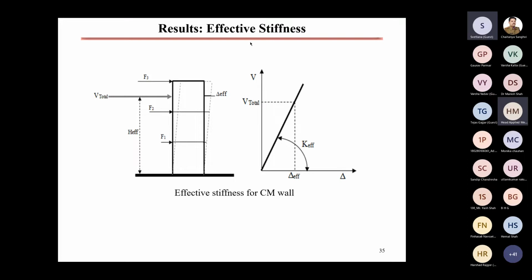So she was taking the force resultant where it belongs, at the height H effective, and that was compared, so it was the effective stiffness of the structure, force versus displacement at the location of the resultant, and then there is a corresponding stiffness for the model.